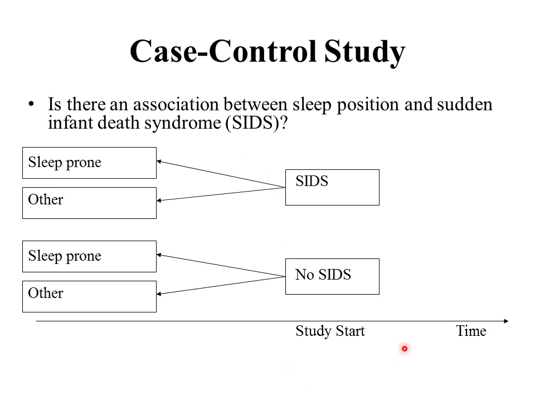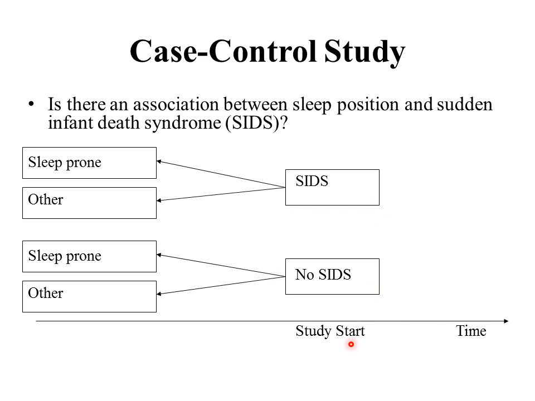And so this figure here illustrates this idea of a case control study. So here we've got two groups: infants who died of SIDS and infants who did not. So this is a case, and this is our control.